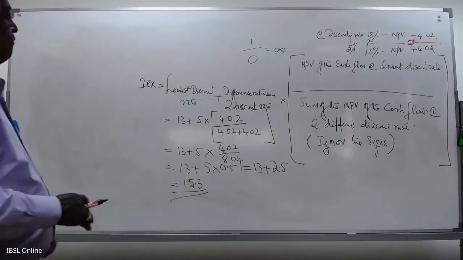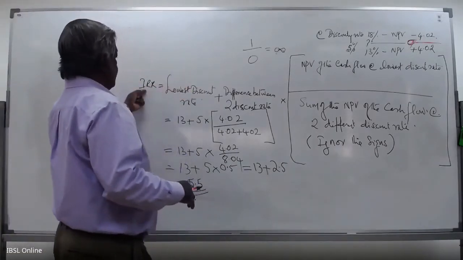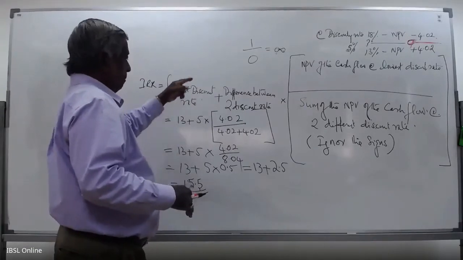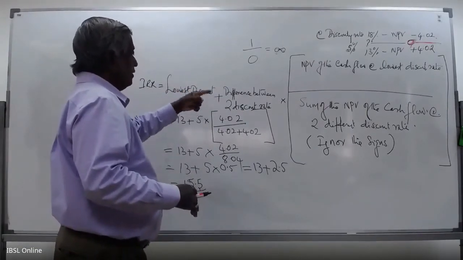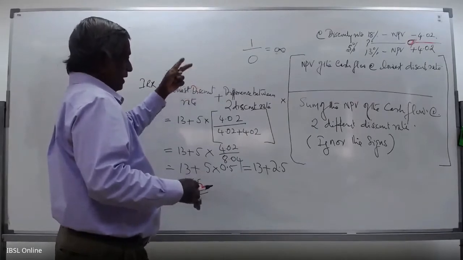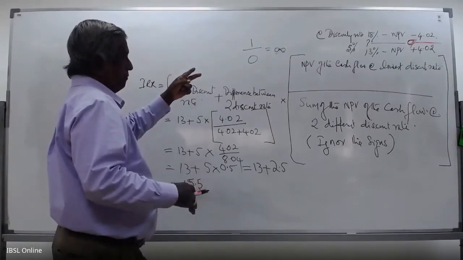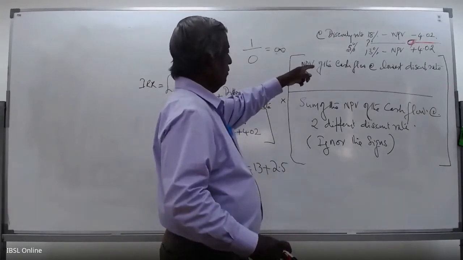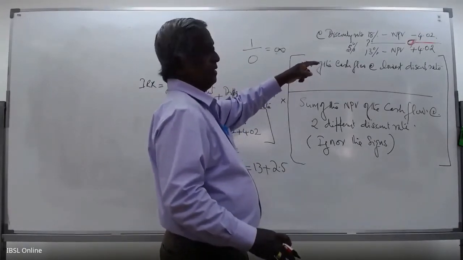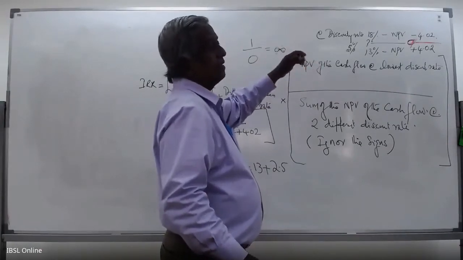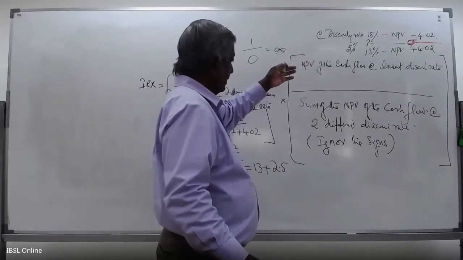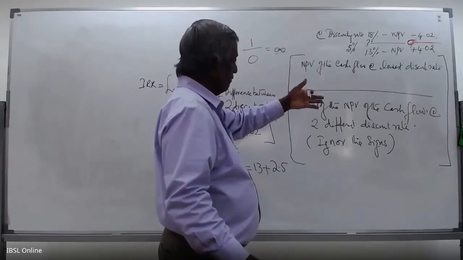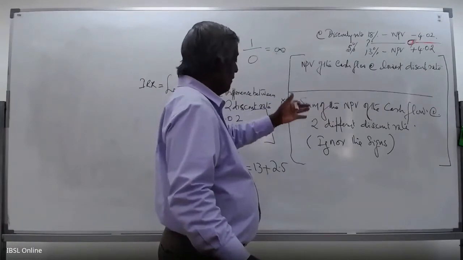So this is the formula once again. IRR is equal to the lowest discount rate plus the difference between the two discount rates, that is 13% and 18%, multiplied by the NPV of the cash flow at the lowest discount rate, at 13%, divided by the sum of the NPVs of the cash flow at two different discount rates.